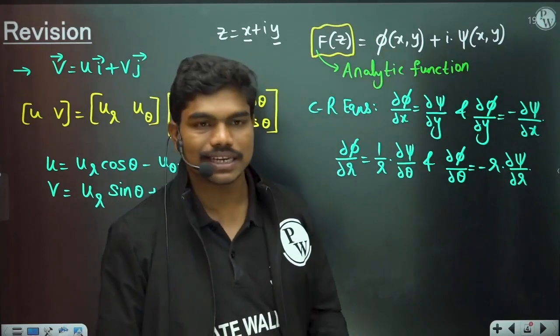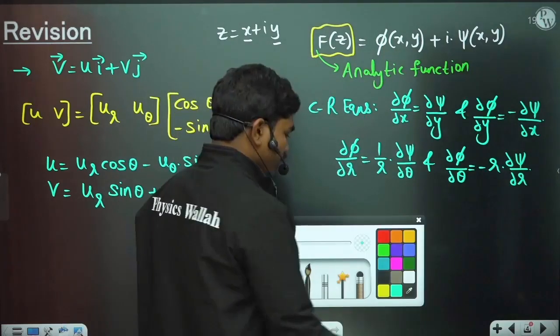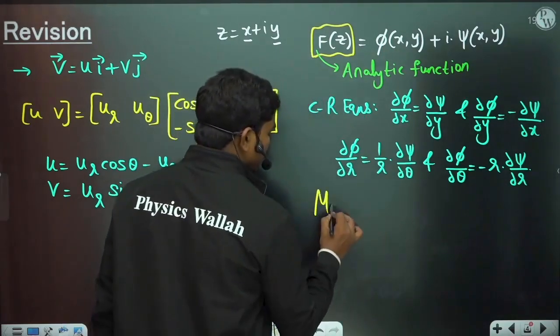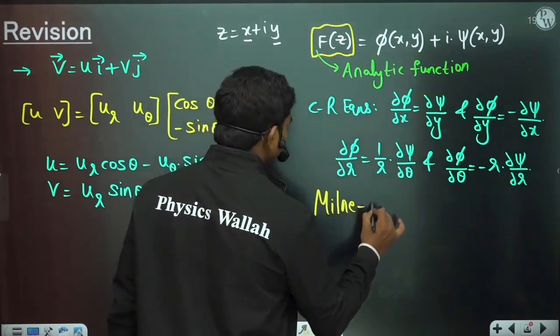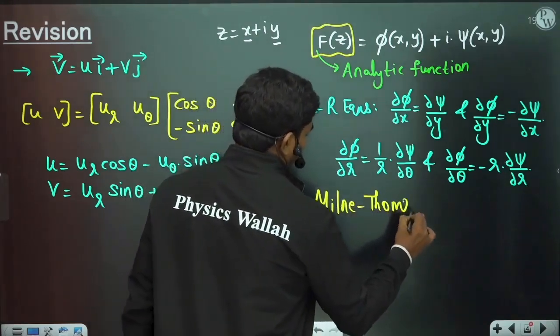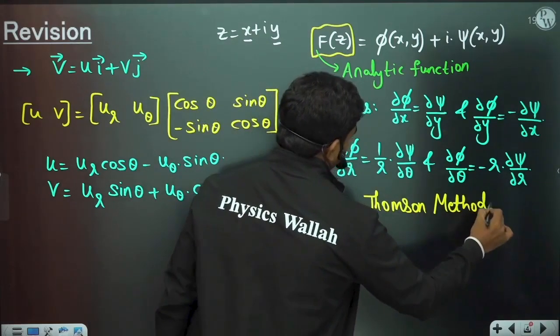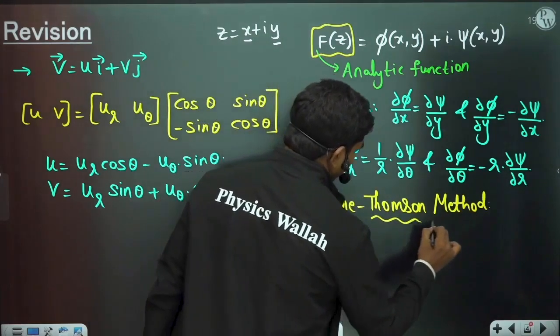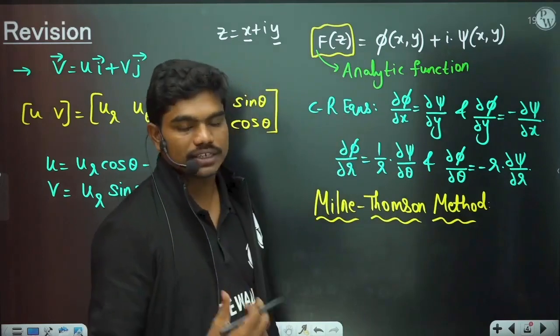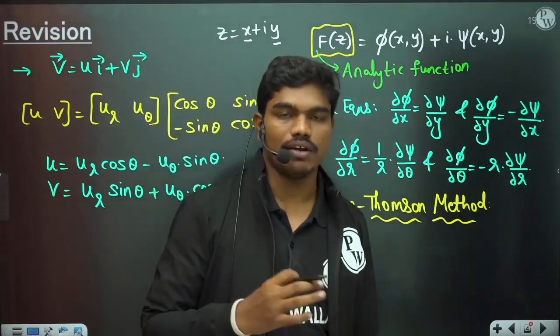Then in yesterday's class we introduced one very great method, which is the Milne-Thomson method. Correct? So we talked about the Milne-Thomson method. This method helps you in finding the complex potential function if phi or psi is known to you.